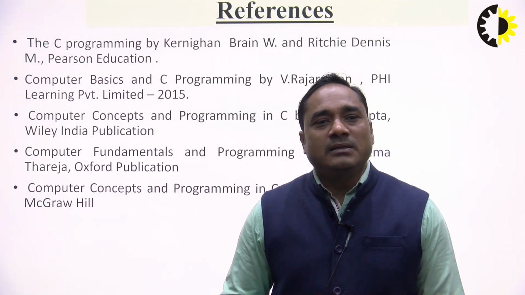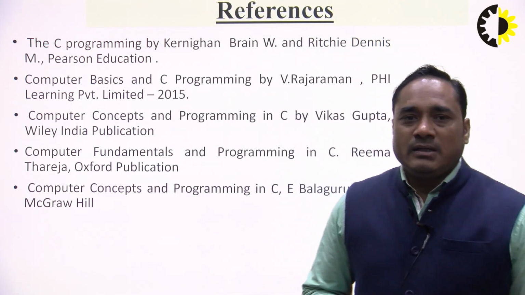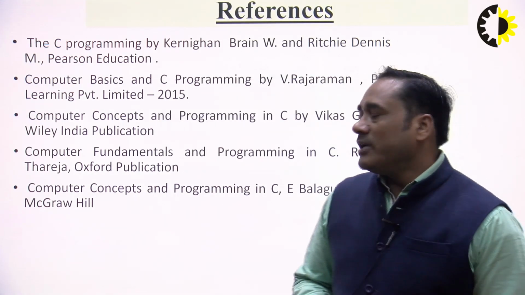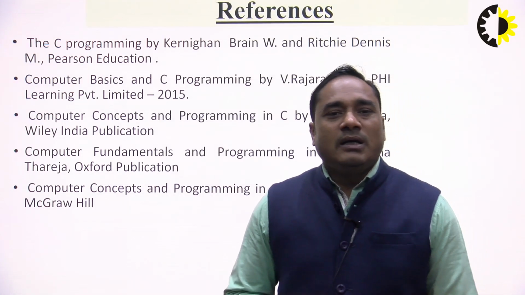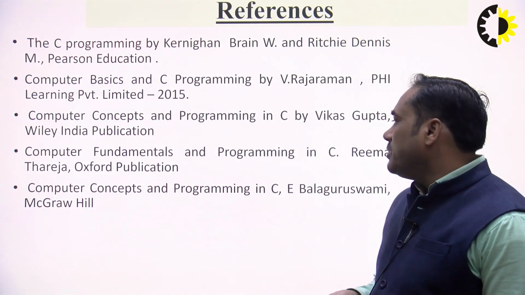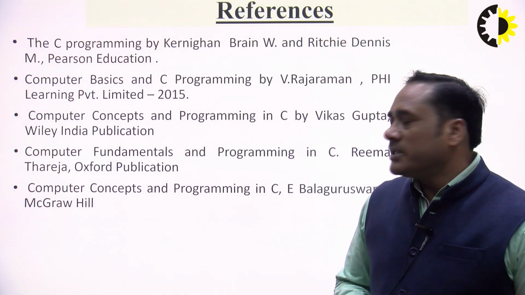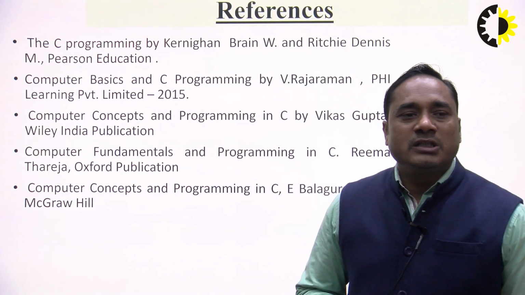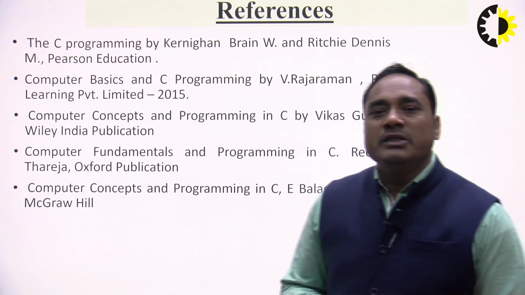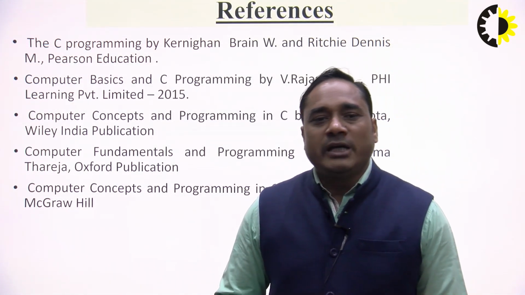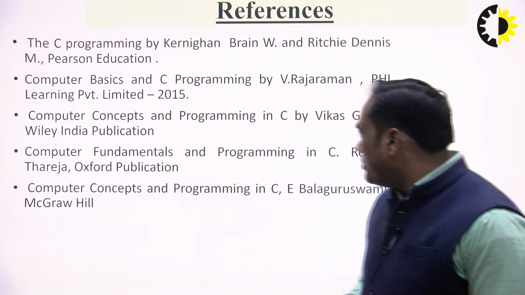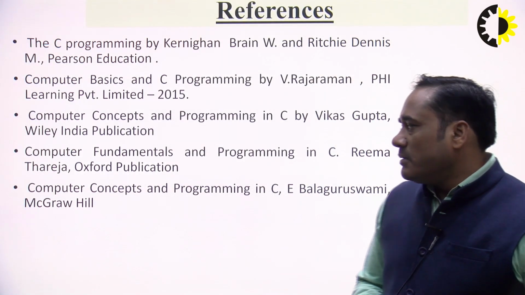The next C programming book is written by Bikash Gupta, by Wiley publication. Another important book of C is by Reema Thareja, published by Oxford University Press. And the last one, the most important book, generally used for both the theory and practical parts, is by E. Balagurusamy, published by Tata McGraw Hill.